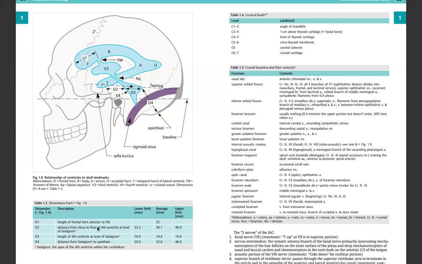So dimensions: D1 is the length of the frontal horn anterior to the foramen of Monro, which is approximately 25 millimeters. So this is D1, 25 millimeters.